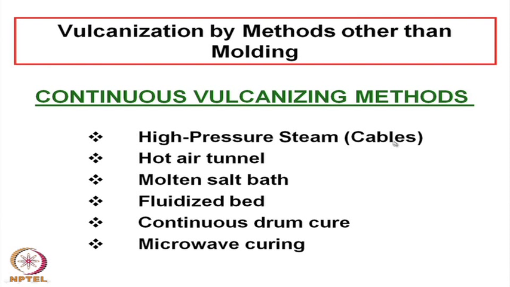Say in the case of a cable, the cable is made through an extrusion process, and that passes through a high pressure steam chamber, where the rubber covering of the cable gets cured while it travels between entering and going out of the heat chamber or steam chamber. So, continuously it is entering and going out. During the residence time of that cable within the chamber, it starts curing and completes curing.